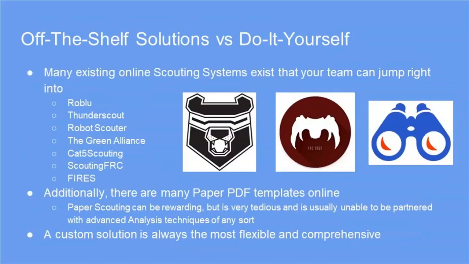Before we walk you through how to program, design, and structure your own scouting app, you should know that there are many available solutions online that require little to no work and no programming or coding to pull off.